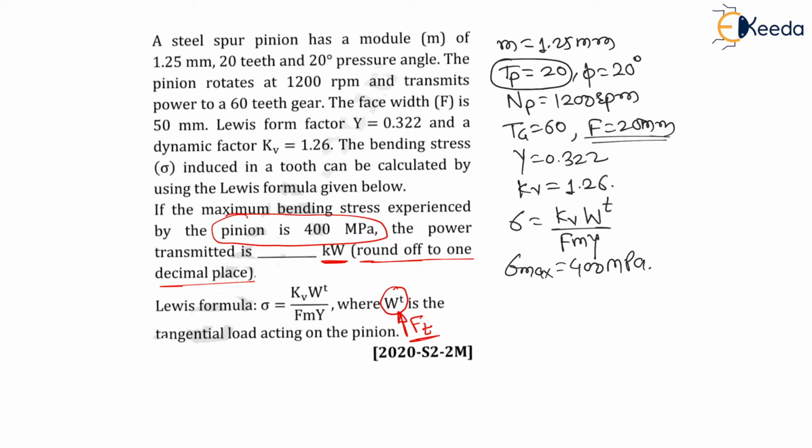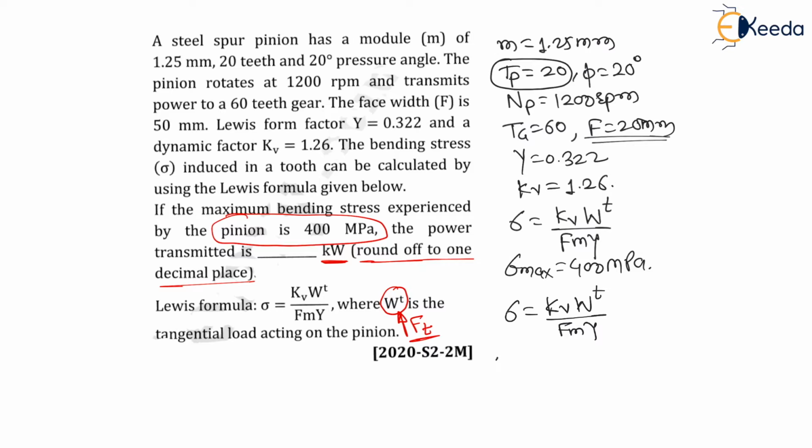Now use this formula. In this formula sigma is given, Kv is also given, F is also given, the module m is also given, and Y is also given. So from this formula you will get the tangential load. Therefore use sigma is equal to Kv Wt divided by F m y.